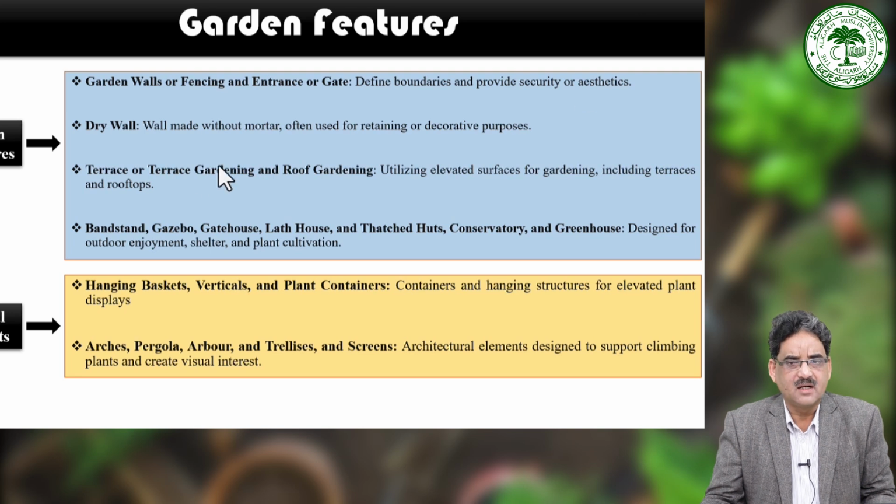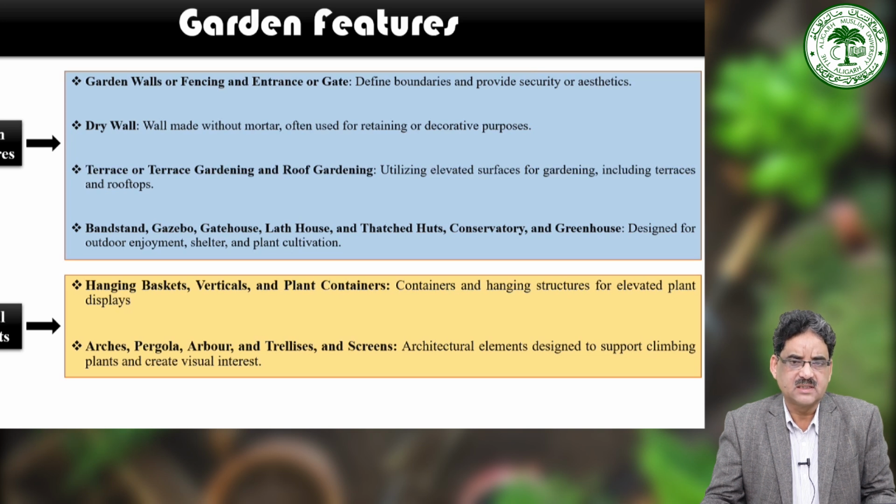There are a lot of garden features, so to understand them meaningfully, let's classify them into various categories based on their nature and functions. They are mainly divided into five categories.